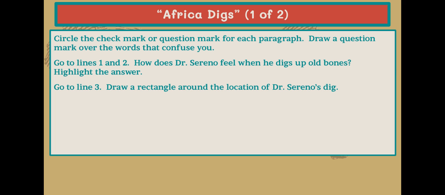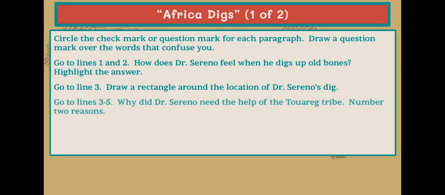Draw a rectangle around the location of Dr. Sereno's dig. Go to lines 3 through 5. Why did Dr. Sereno need the help of the Tuareg tribe? Number 2 reasons.